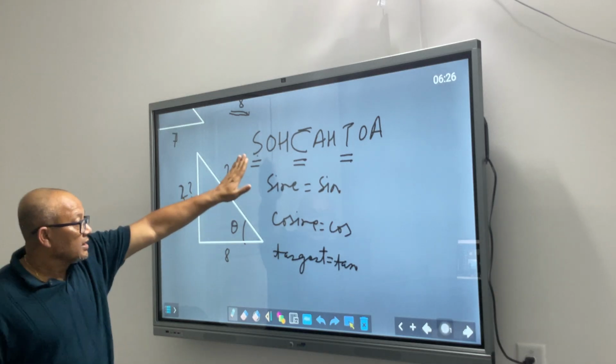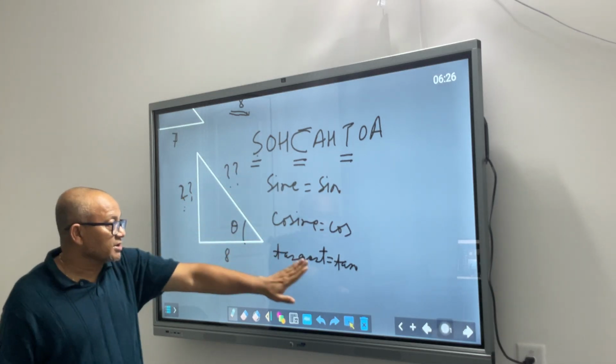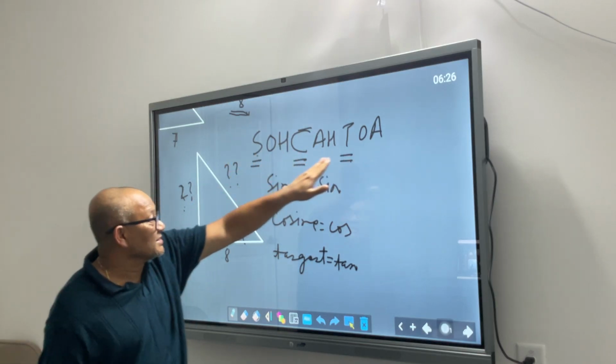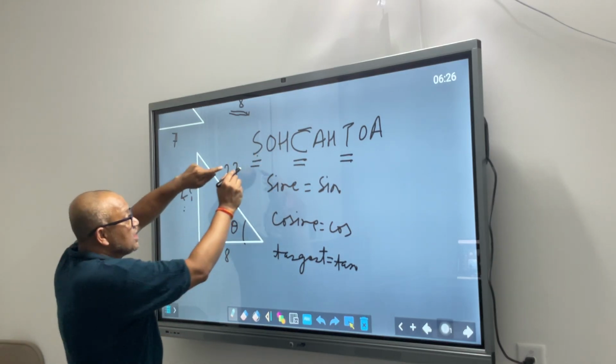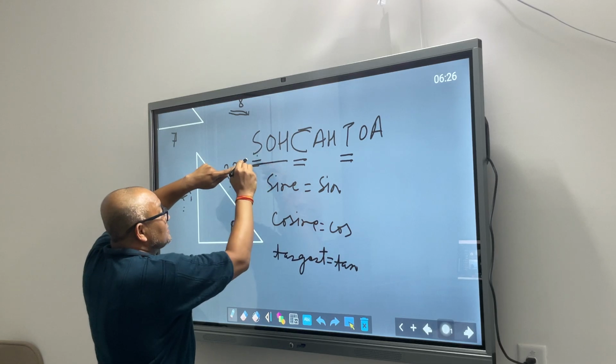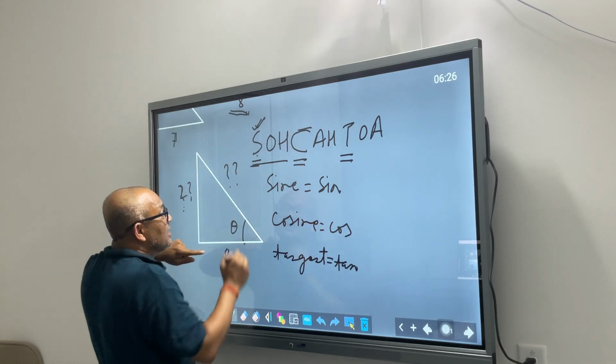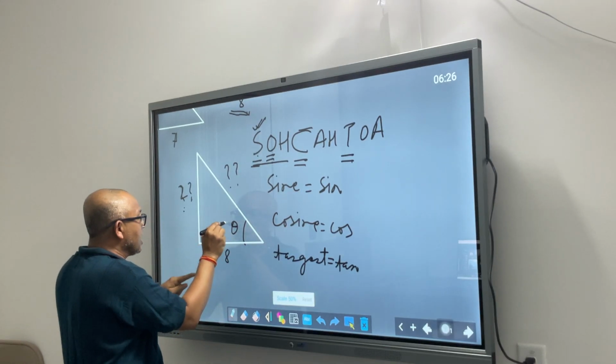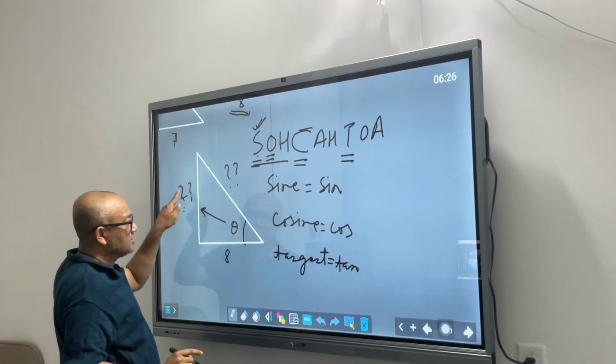Sine, cosine, and tangent, sin, cos, and tan. These are three ratios which are based on this acronym that you see. So sine of an angle is equal to opposite side. If this is my angle, the opposite side is this one.